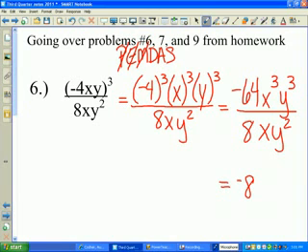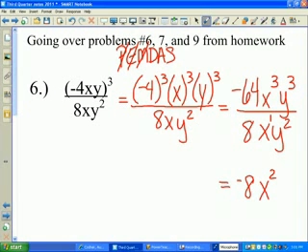But like we said last time, if we're dividing, we're subtracting the exponents. So we have x cubed divided by x. That's going to give me x squared. The reason why it's x squared is that this x is actually being raised to the 1st power.